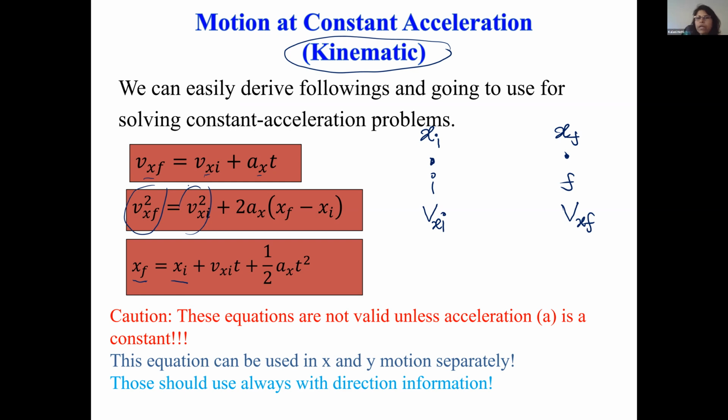In addition to that, since this is the x direction, you have acceleration in the x direction, right? And other than that, I have the time symbol. Now why do I have three equations here? Three equations are useful when you have a problem.